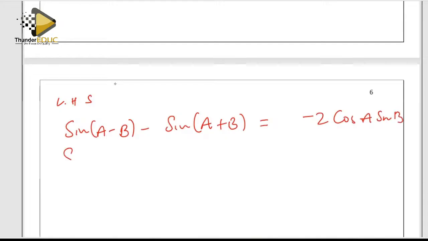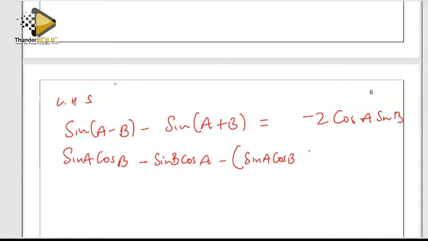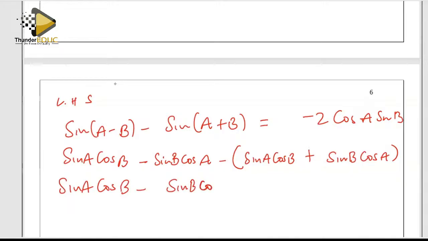Let's open up this. So you're going to have the sine of a cos of b minus sine of b cos of a, and then minus, okay, it's going to be sine of a cos of b plus sine of b cos of a. Let's open up here. Sine of a cos of b minus the sine of b cos of a.